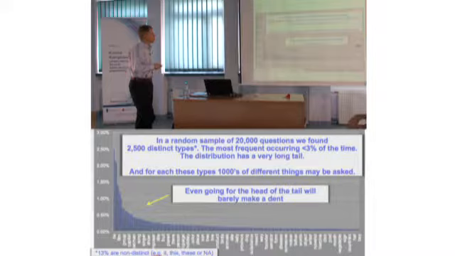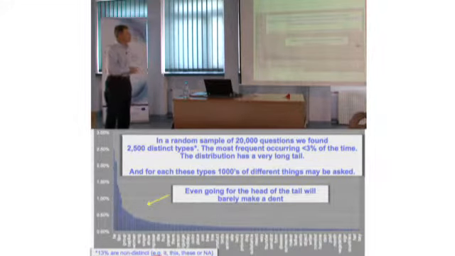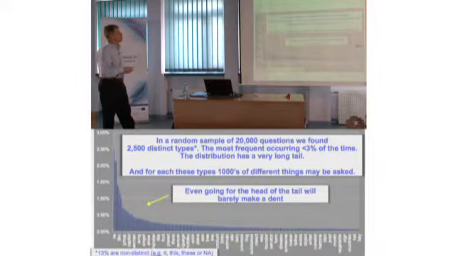If we were to do it for 2,500, we would need a huge amount of special purpose machines to take care of these 2,500 types, and that doesn't exclude other types that might appear in other questions. The most frequent occurs only about 2.5%, and it has a very, very long tail.